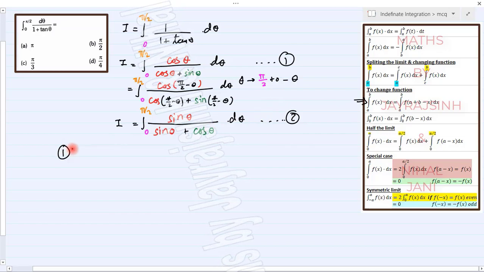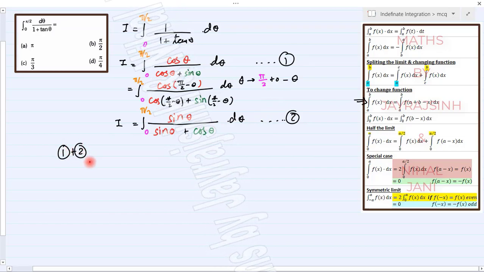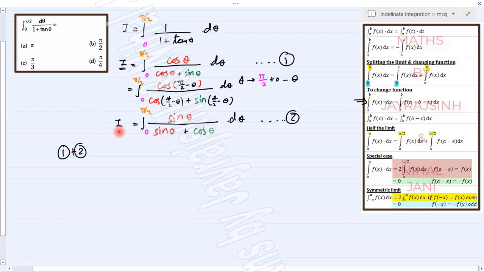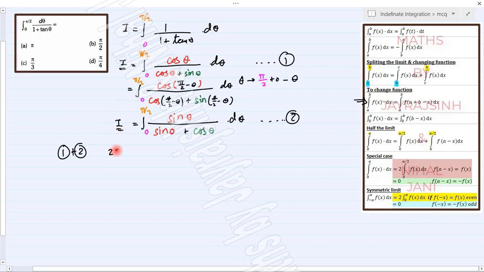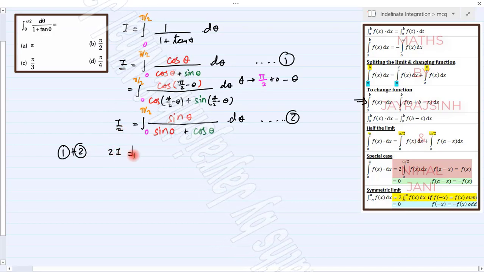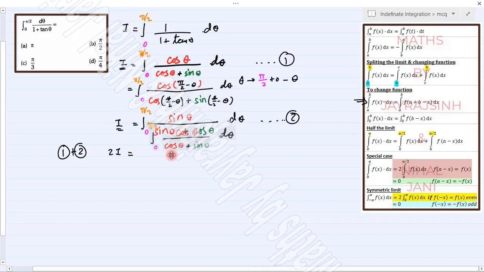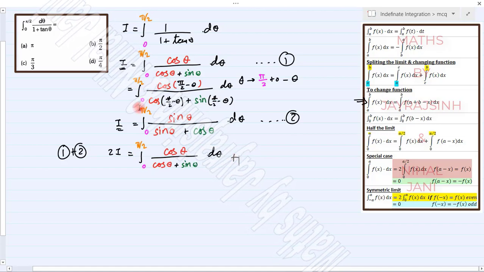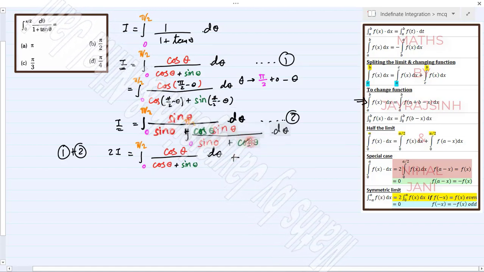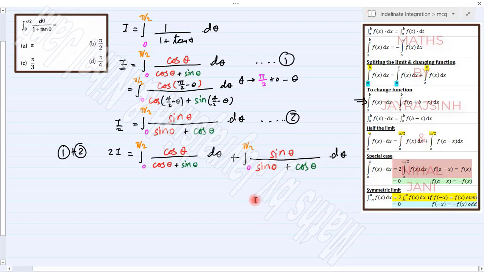And we take the summation of equations 1 and 2. On the left hand side, we have I and I, so that will become 2I. And on the right hand side, let's take the first term plus the second term over here.